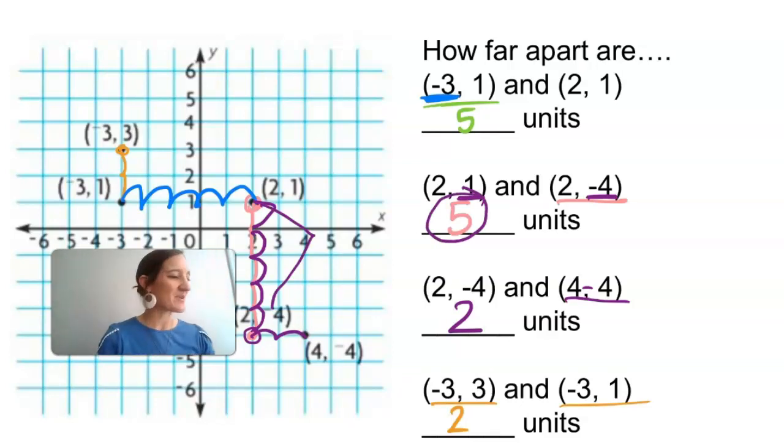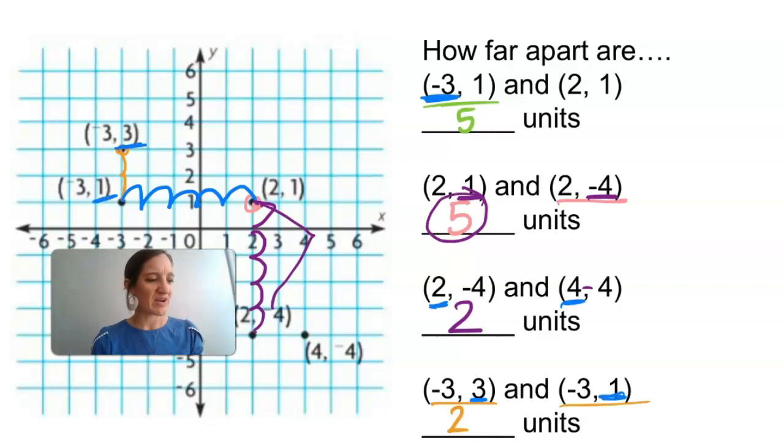Is that true with the next one? The next one was 2 and 4. Oh, but 2 and 4 don't equal 6, do they? That was only 2 units away and not 6 units away. Well, let's look at the last one. The different coordinates are 3 and 1.